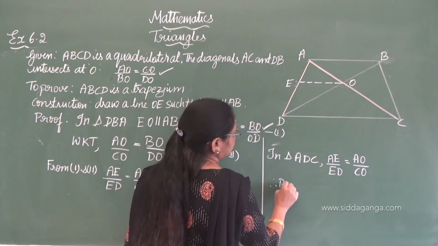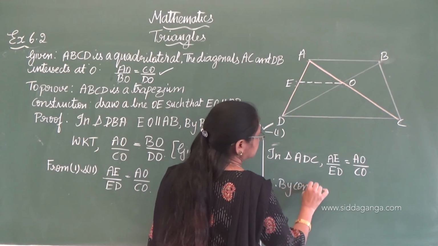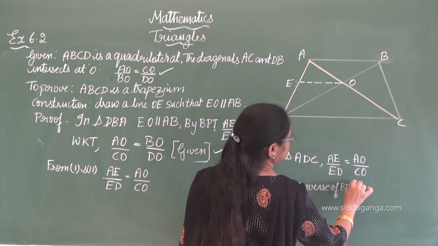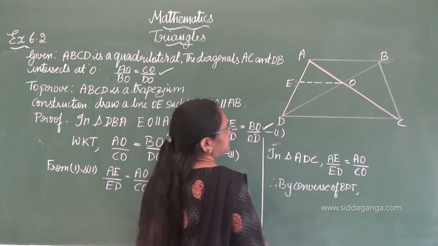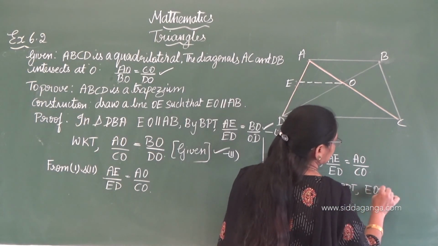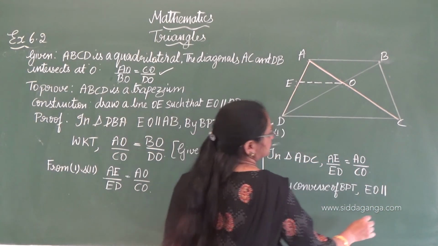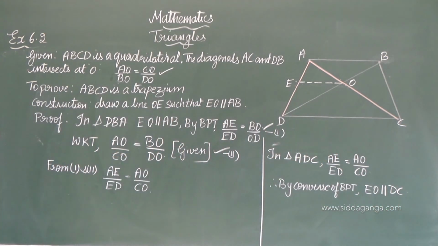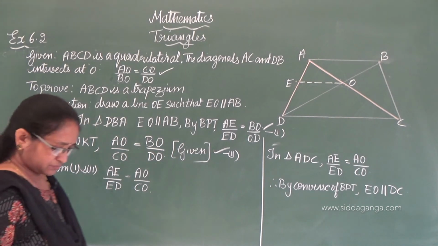Therefore, by converse of BPT, EO is parallel to DC.